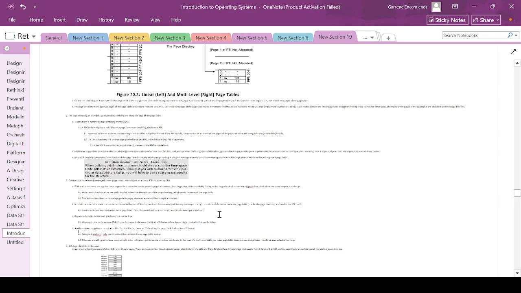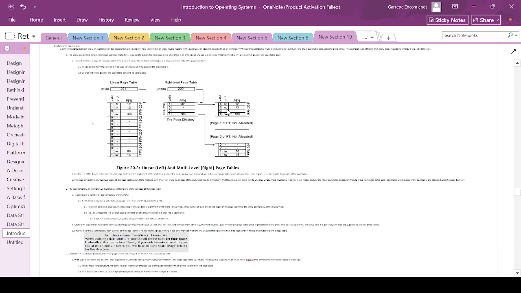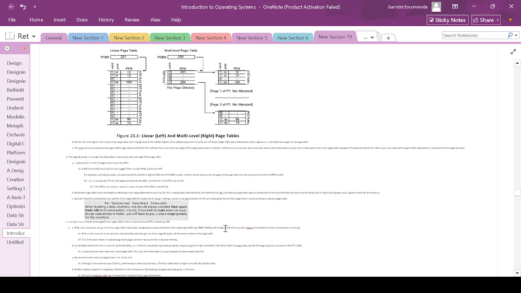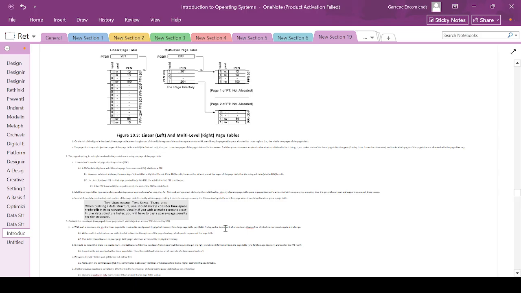So another advantage is that each portion of this page table fits neatly into a fixed size page. If you want to grow the heap, for example, you just need to grab the next page. So it allows for efficiency.